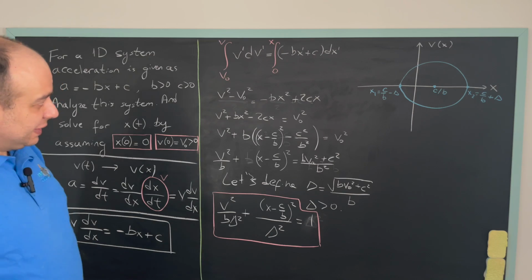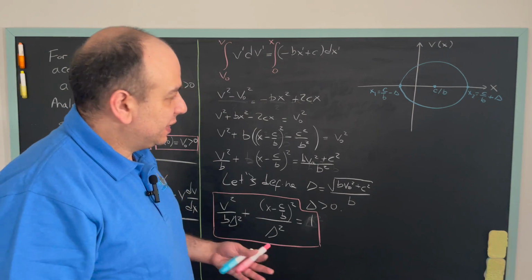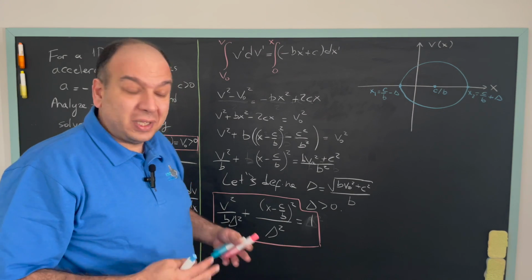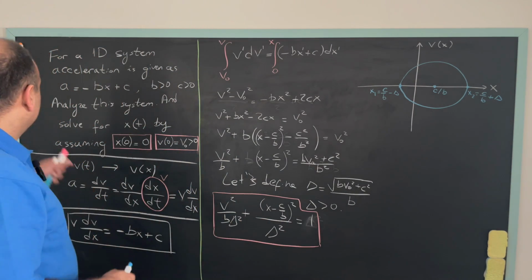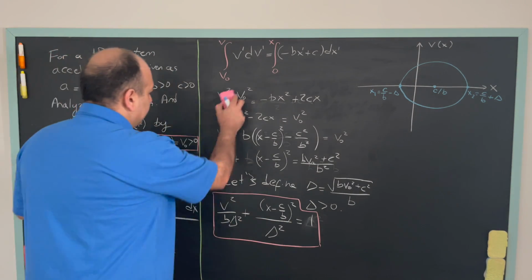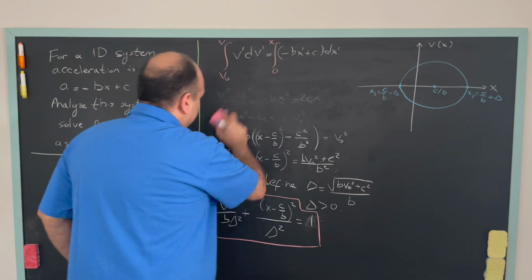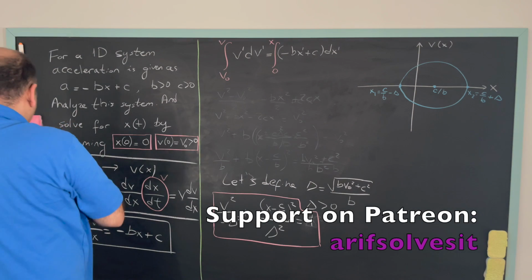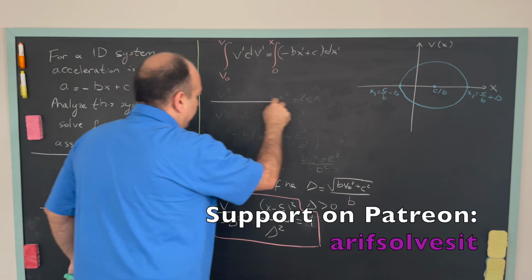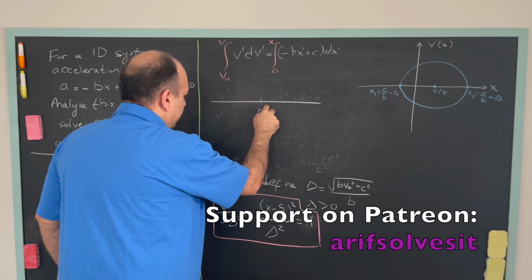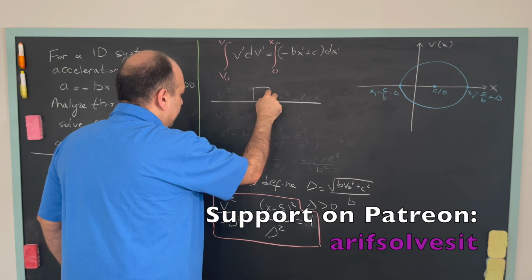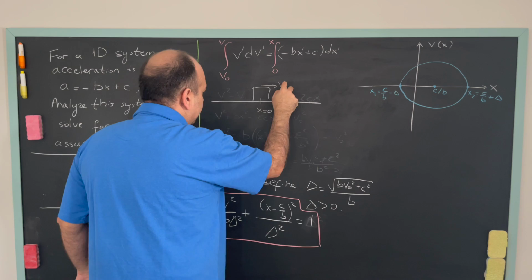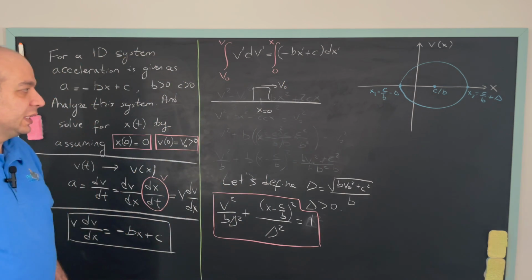So I get this ellipse equation, and what can I deduce from that? So what can this tell me about the motion of this system? So as I know, this system is a one-dimensional system, right? So what does it mean? So when t is equal to 0, the system is at x is equal to 0, and it's moving to the right with some velocity v0, right?